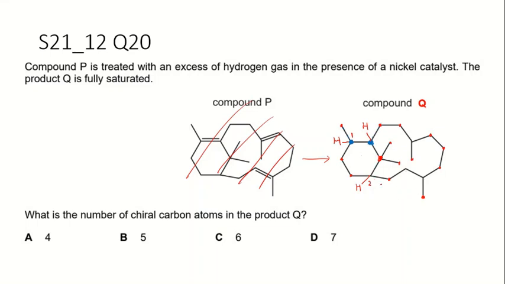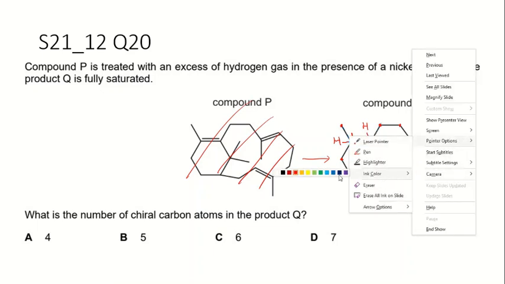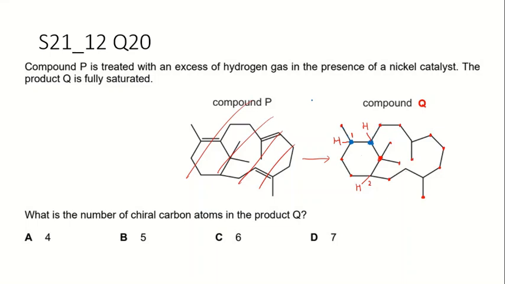So if you draw a dotted line to go through this carbon and halve the ring, the ring is not symmetrical. So carbon number 2 is another chiral carbon. So I'm going to color it as blue so that now we have 1, 2, 3 chiral carbon atoms.